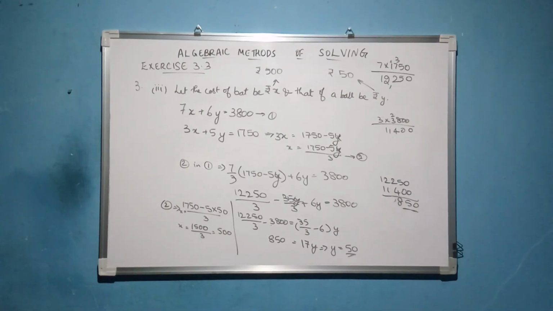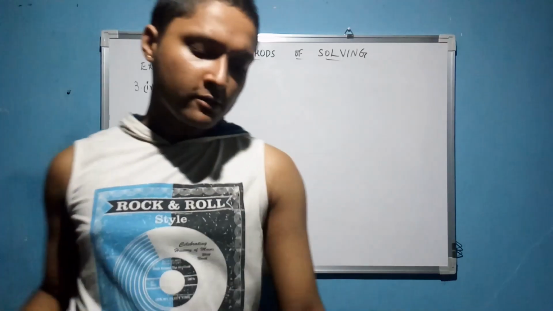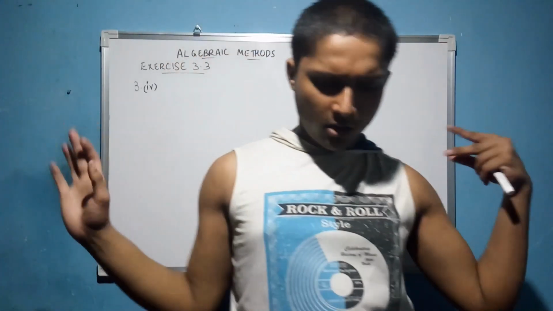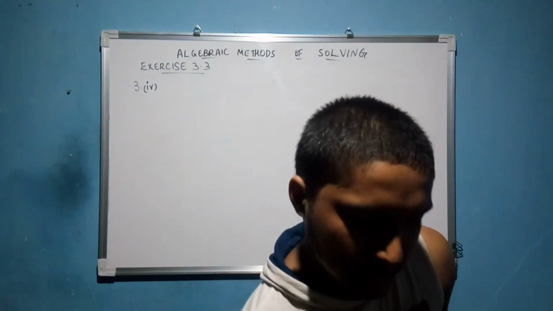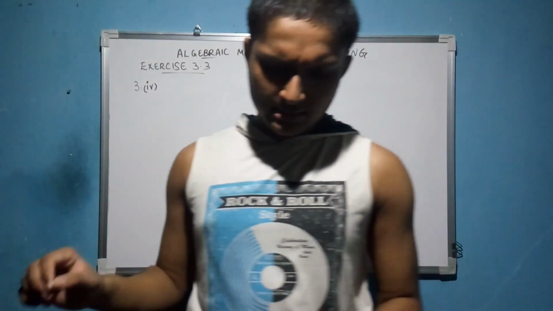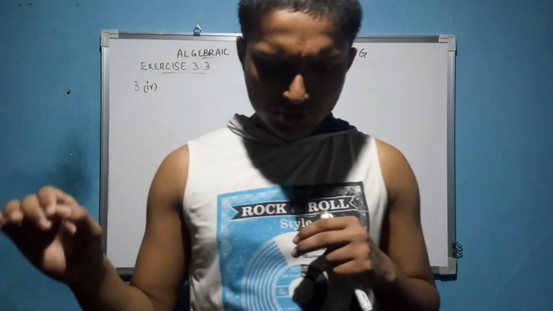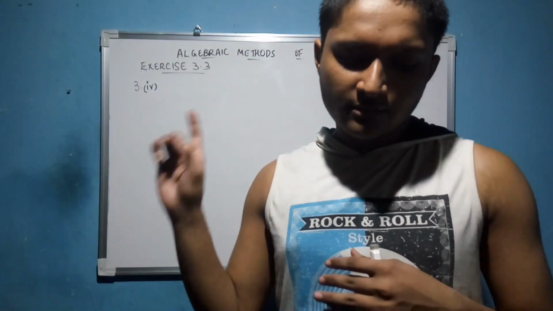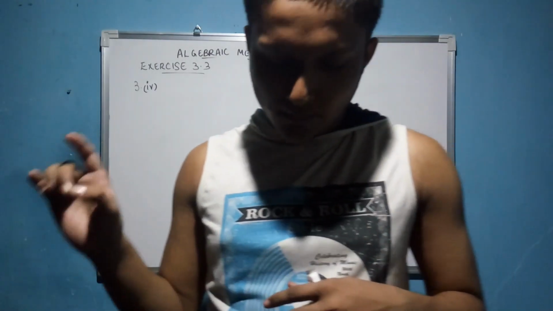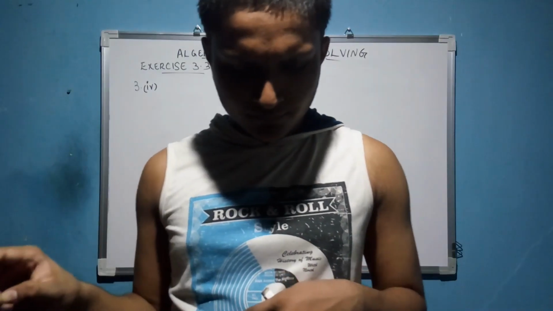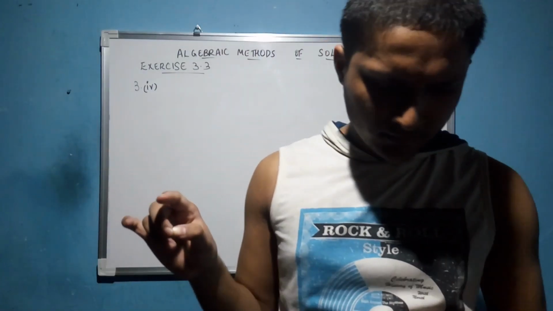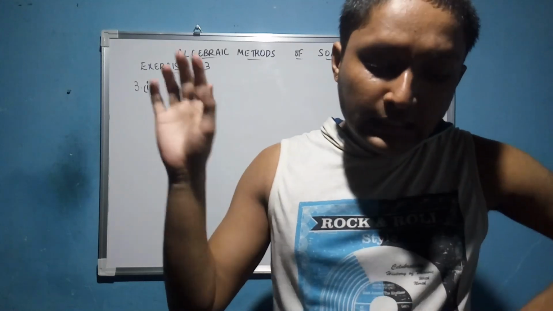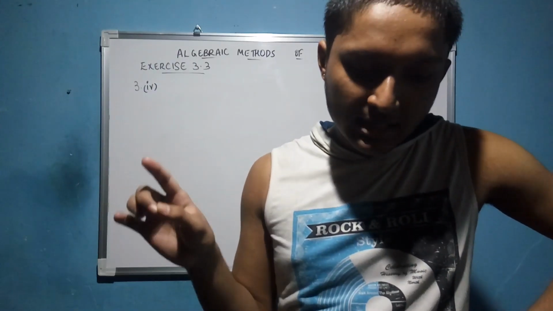Now we have the fourth question here. The fourth question is a very long question. It says the taxi charges in a city consist of a fixed charge together with a charge for the distance covered. For a distance of 10 km, the charge paid was rupees 105, and for a journey of 15 kilometers, the charge paid is rupees 155.